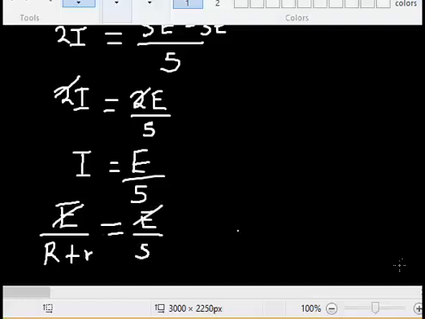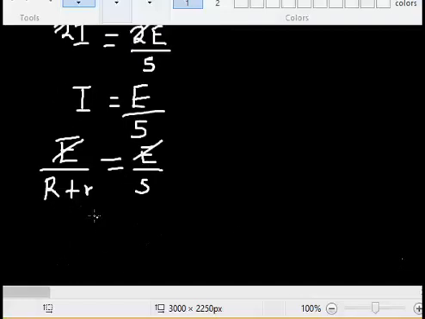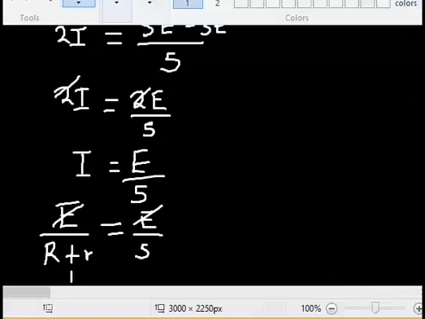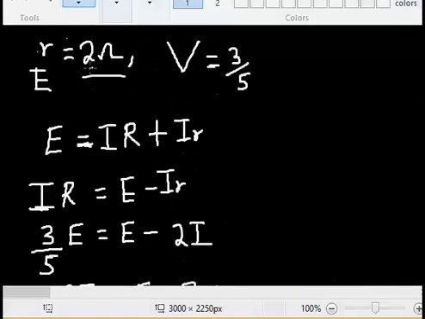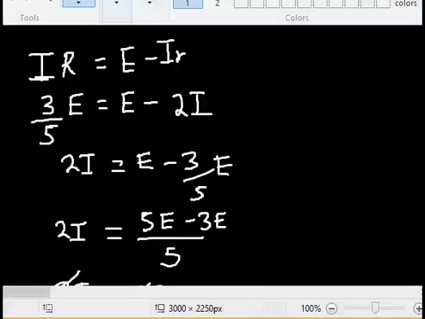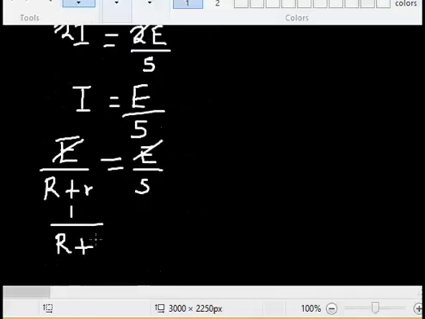E cancels E, so we're looking for big R. This is going to be 1 all over big R plus the small r, which has been given to be 2 ohm, equal to 1 all over 5.